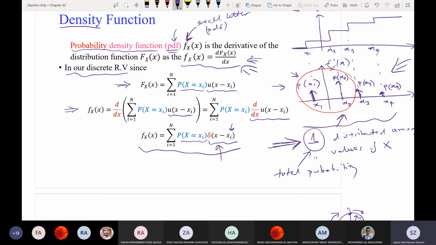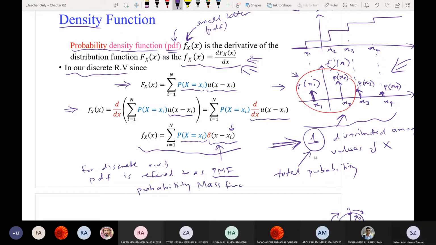That is why in many textbooks you can find that for discrete random variables in general, the PDF is referred to as PMF. What does PMF mean? Probability mass function. This is well known in many textbooks.